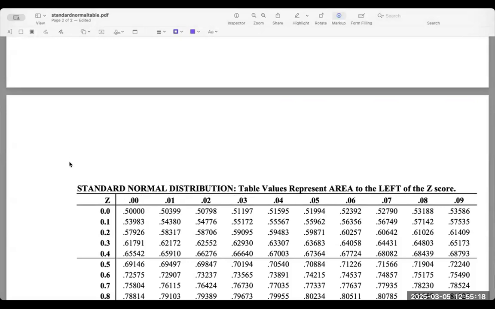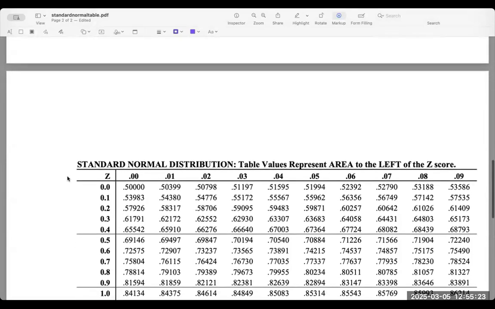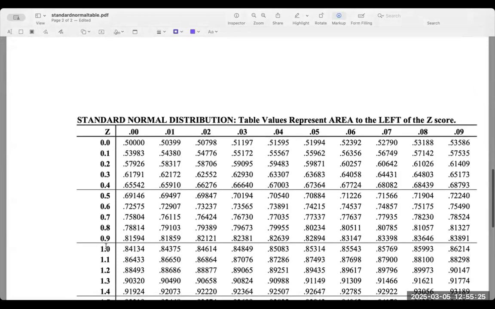When Z is equal to 1, it's right around the 84th percentile. So I'm going to scroll down to 1.0, and you see that I have 0.84134. So it's about 84%, like the empirical rule tells us. This one's just a little more accurate. The empirical rule is an estimate. It's not exact, and this one is a little closer to the true value.